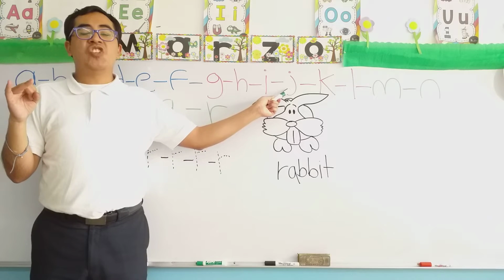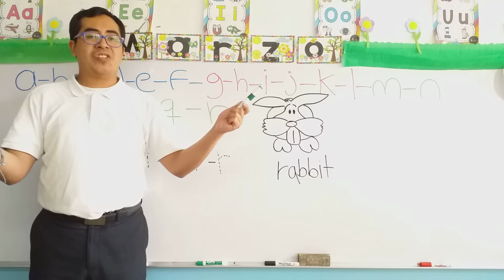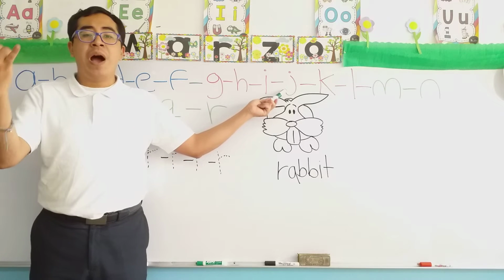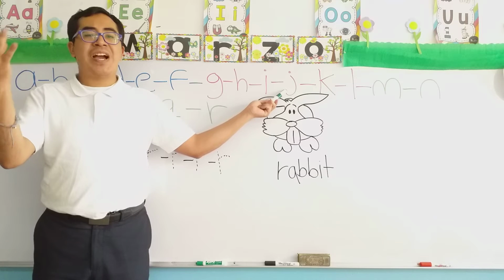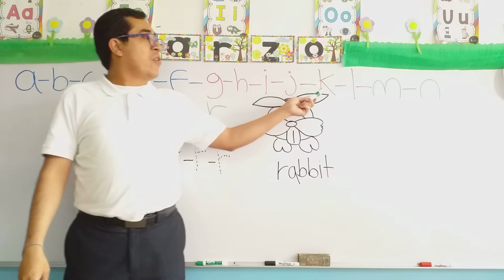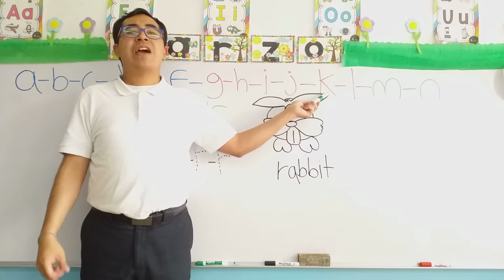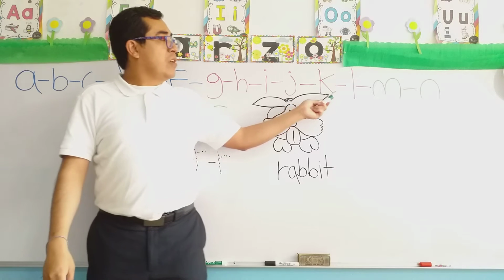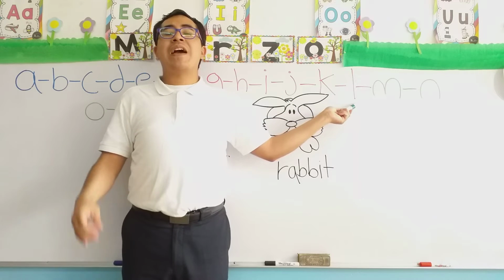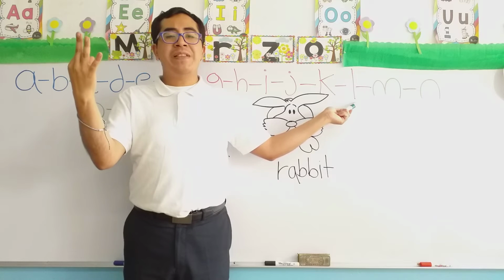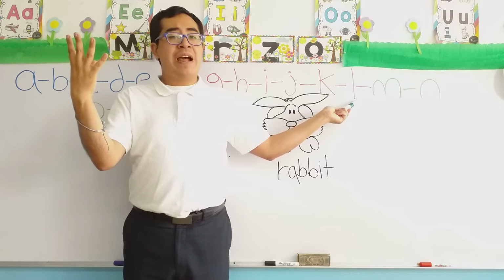With the small j, of course, the name of the teacher Jacob. We also have Juan, we also have Jacqueline, we also have Jesus. For small k, we have Carla, we have Karen. For small l, we have Lily, we have Lulu, we have Lupita, we have Leonardo.